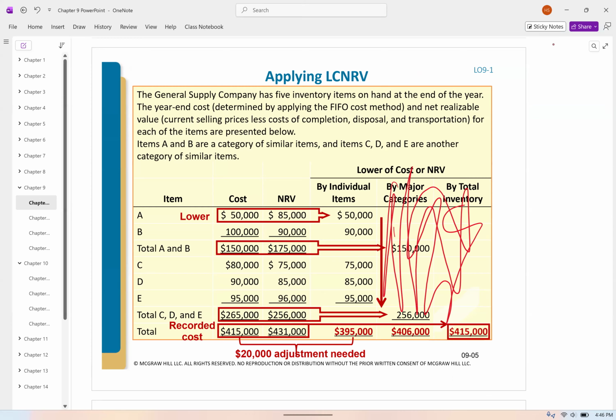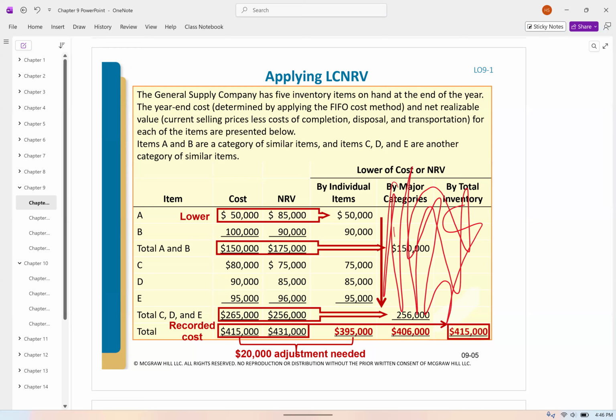They will not give you the net realizable value on all the problems. They might make you find the net realizable value. So this is pretty easy. Cost is at the lower amount, so we leave it alone. We're already carrying it at the lowest amount possible, so we don't do anything with that one.